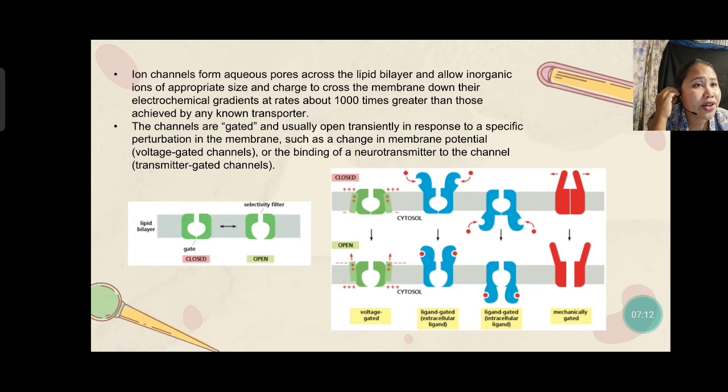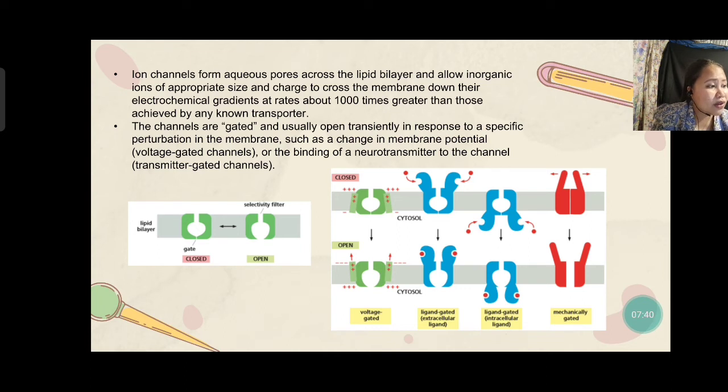So we have here the two types, which are closed and open. These are the typical ion channels, which fluctuate between closed and open conformations. The ion channel shown here in cross section forms a pore across the lipid bilayer only in the open conformational state.